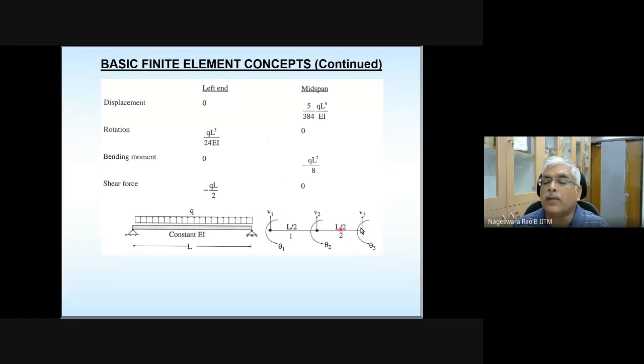The sign convention is positive if it is anti-clockwise for rotations, positive if it is acting in the upward direction for transverse displacement. So please take a note of this discretization. Whatever is there on this slide, please take a note of it.